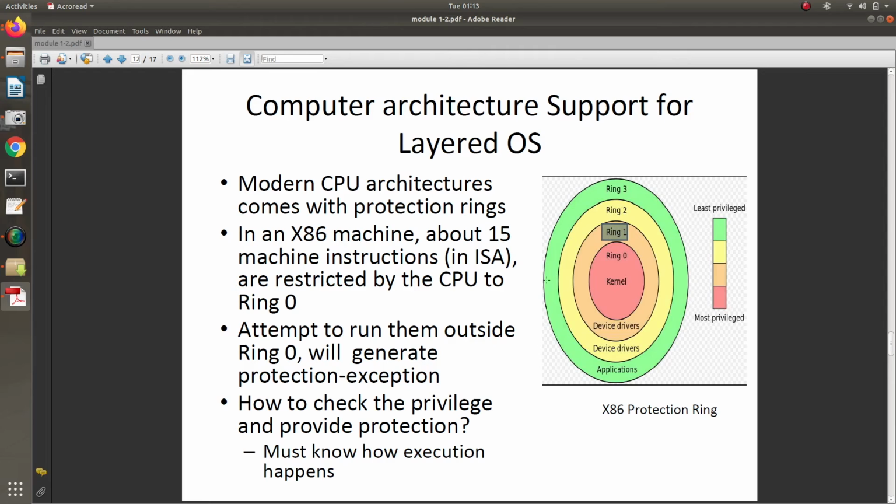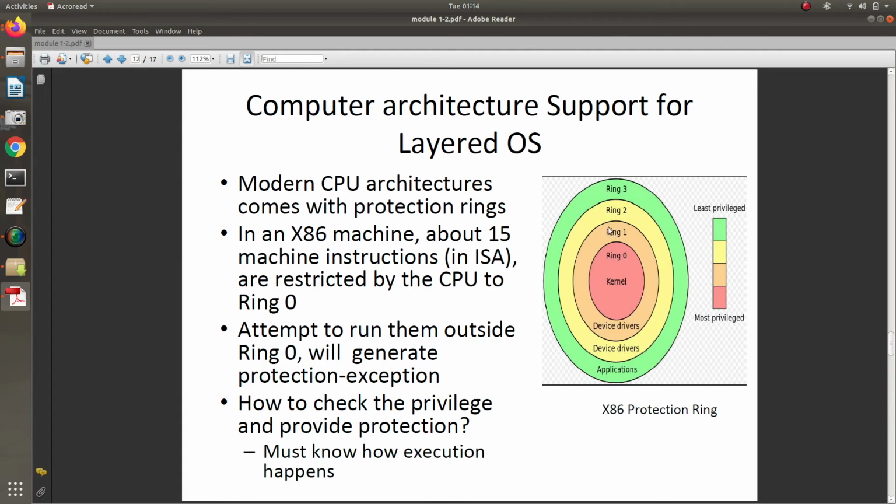They're defined by a few numbers. Each instruction has a number as an identity number, and those identity numbers that belong to ring 0 can be executed by the kernel.